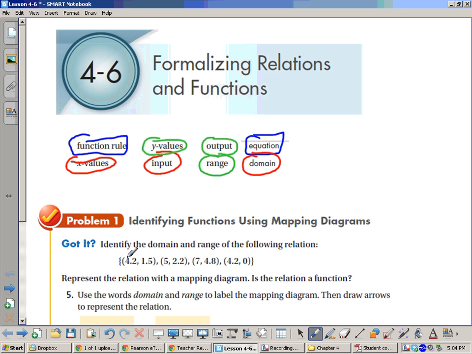The x's are the first numbers. So in this case, this is an x, 5 is an x, 7 is an x, and 4.2 is an x. And then we go over to the second one. Second value is a y. So we get 4 y's that are associated with those x values.